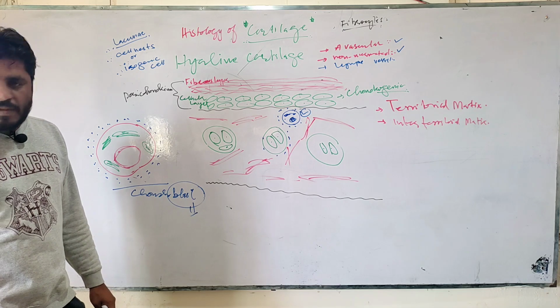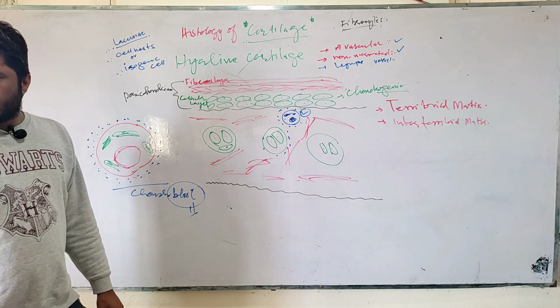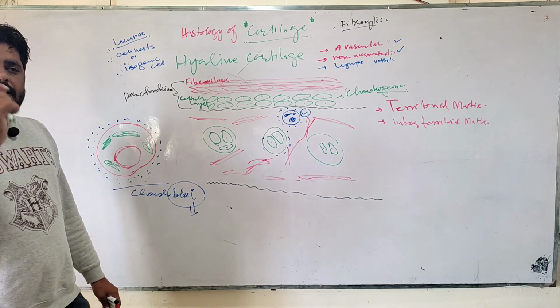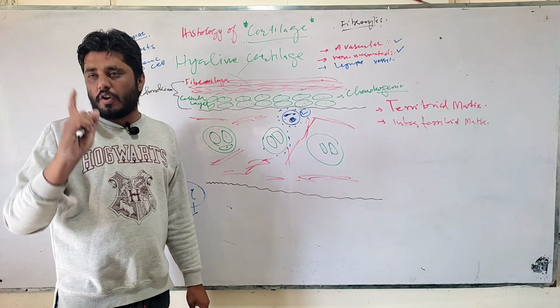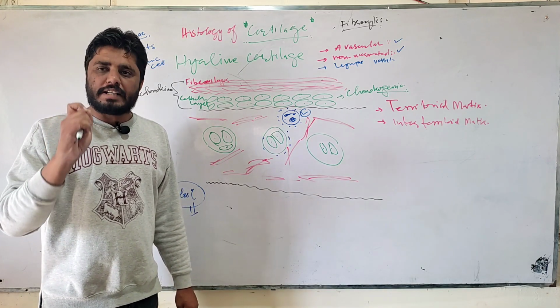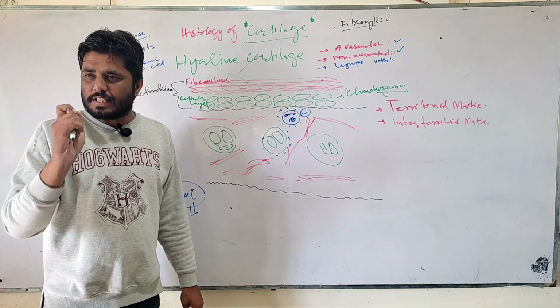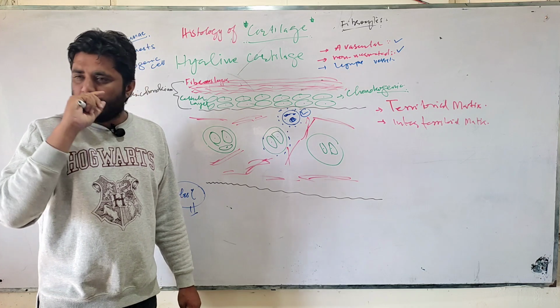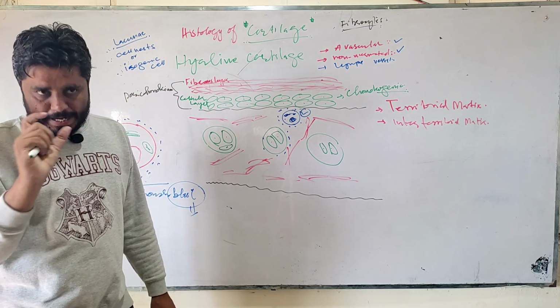That's clear. And another important thing you need to know is what a lacuna is. Actually, lacuna is a term associated with histology. Sometimes when you prepare a histological slide, some area of the tissue appears white and blank.